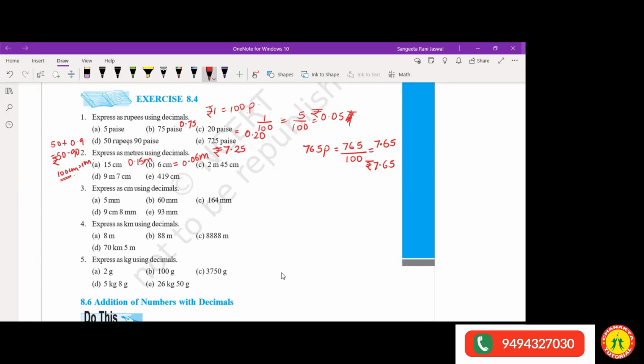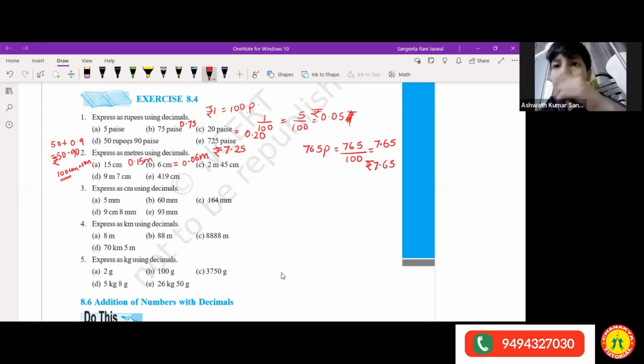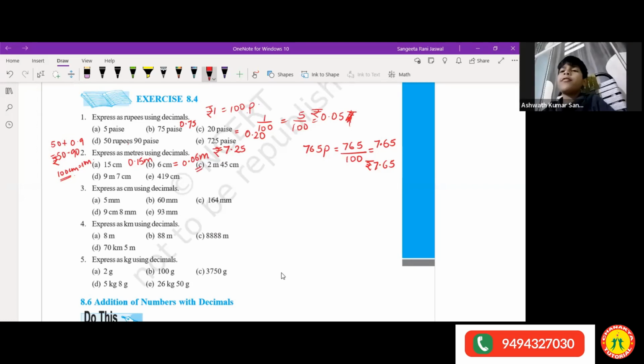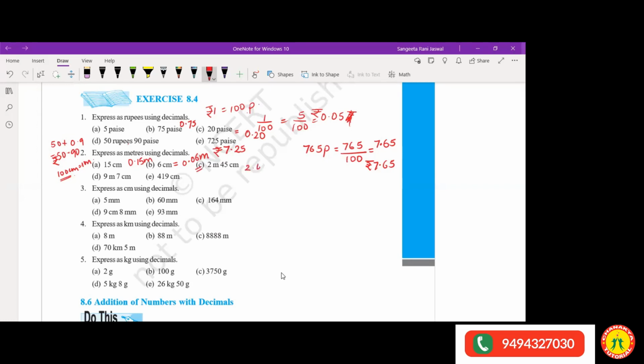Next, Adrit, you tell me 2 meter 45 centimeter. Convert this to meters. Ashwath, you tell me this 2 meter 45 centimeter. 2.45 meter.